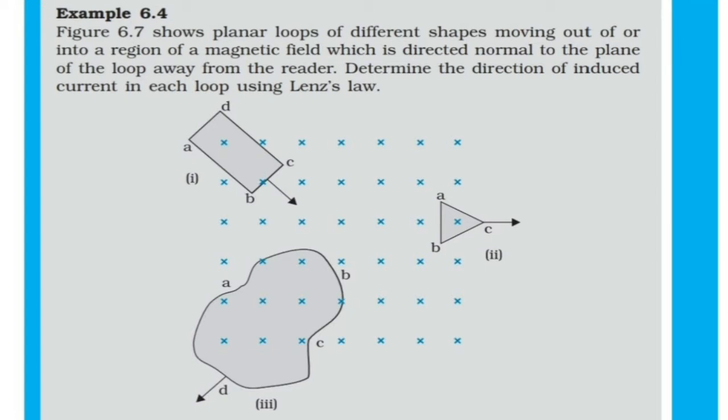So the induced current should flow in such a way that it opposes that increase in magnetic field.